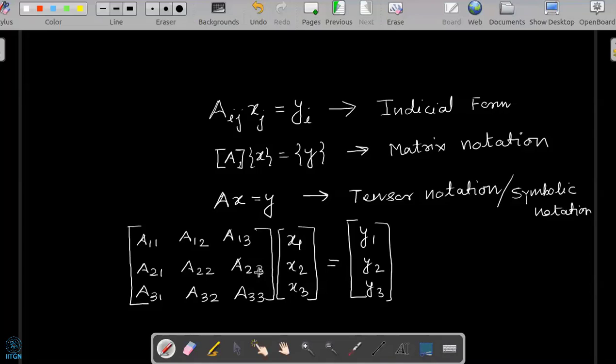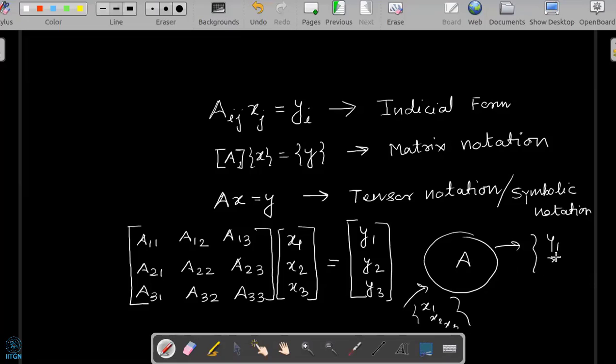So if you see what is happening, A is here an operator. You are giving an input x1, x2, x3, and you are getting y1, y2, y3. So there is a mapping being done by A.